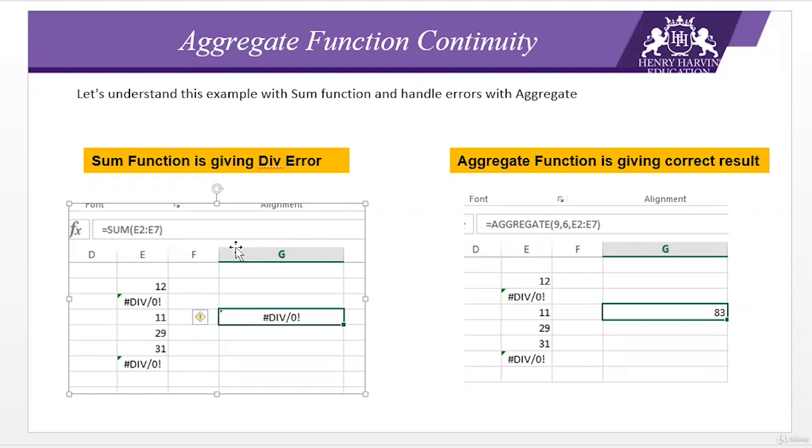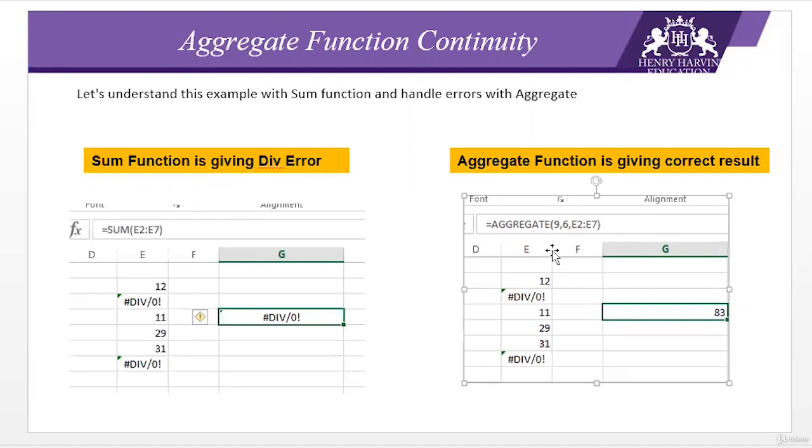Maybe this is a calculated column, where some values are calculated correctly and some are giving division errors. To the right, we have applied the aggregate function, and it is giving us the correct result. This is how the function works, ignoring all the errors.